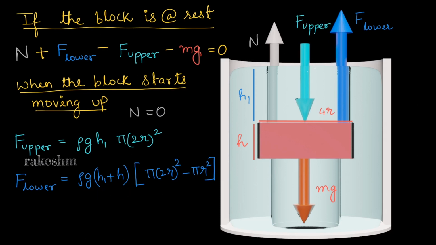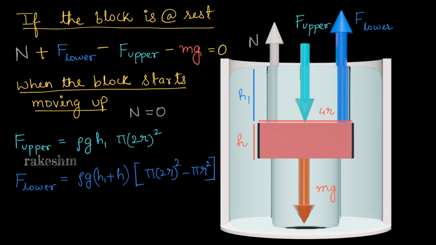From the lower surface the height is h1 plus h. The area in which this liquid is in contact with the block is only this much here and here. That is nothing but the total surface area minus this area. So the area on the lower side is pi into 2r the whole squared minus pi r squared, as this radius is r.